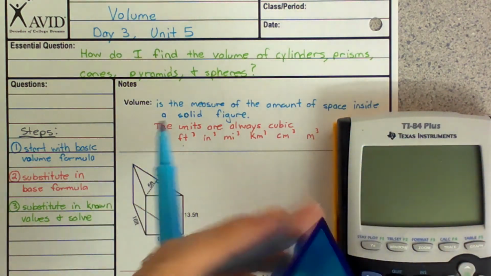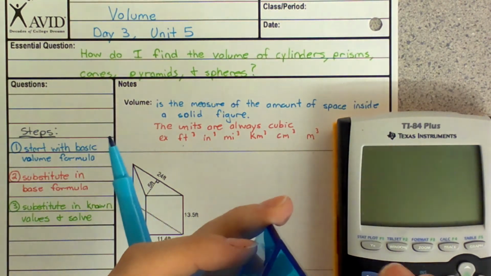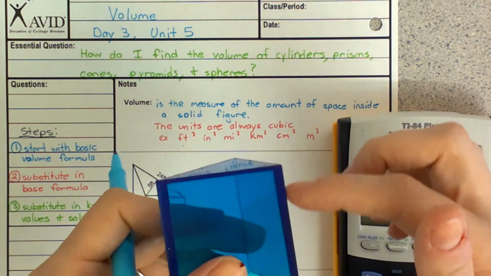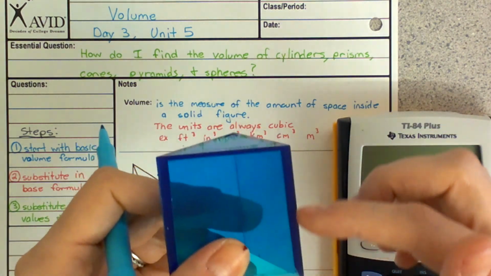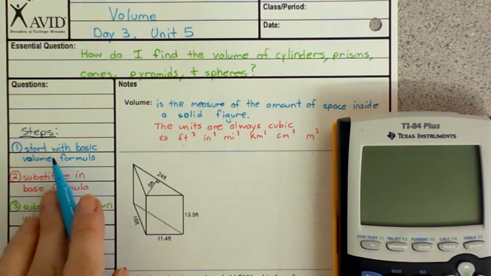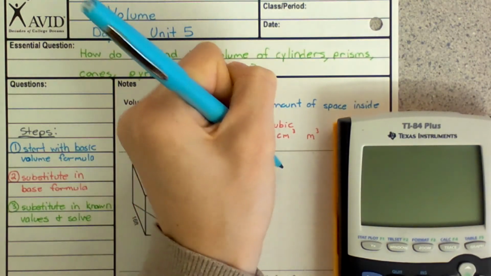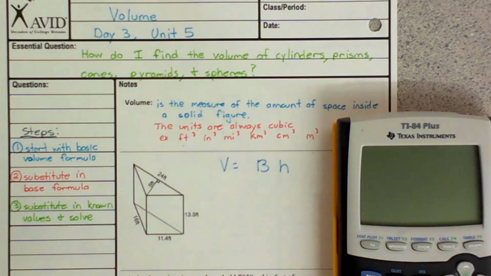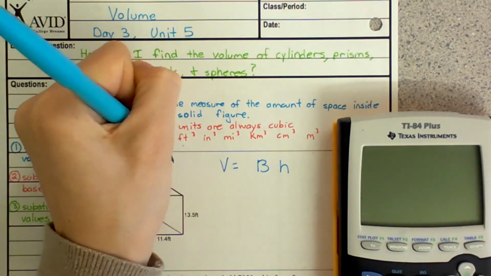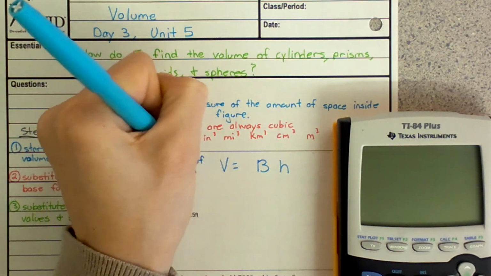I'm going to start by focusing on one of the bases on this prism, find its area, and then figure out how deep it goes and multiply it by its depth. So my basic volume formula is volume equals capital B times H, and this capital B represents the area of the base.